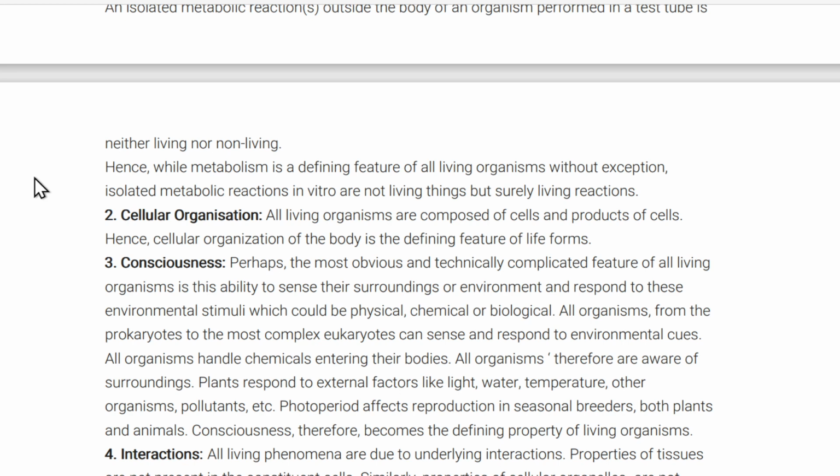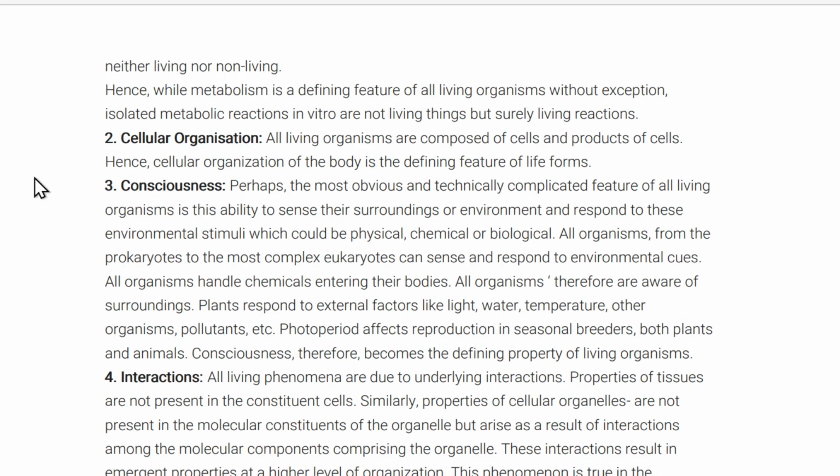Number 3. Consciousness. Perhaps the most obvious and technically complicated feature of all living organisms is the ability to sense their surroundings or environment and respond to these environmental stimuli, which could be physical, chemical, or biological. All organisms from the prokaryote to the most complex eukaryote can sense and respond to external cues.